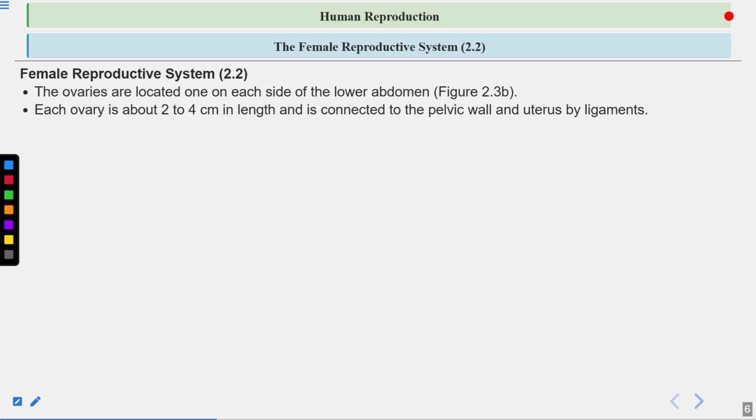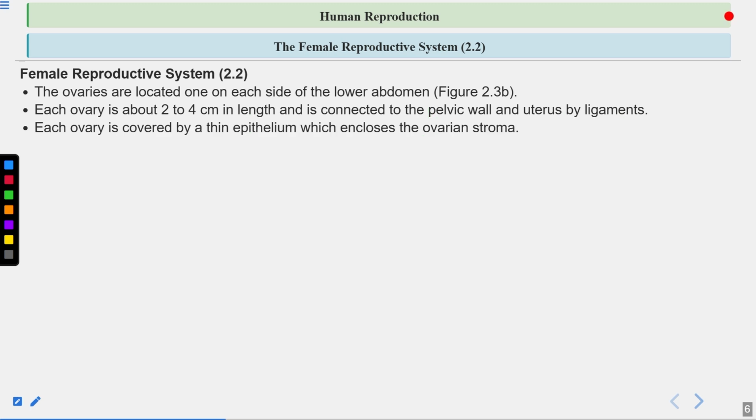The ovary is about 2 to 4 centimeters in length and is connected to the pelvic wall and uterus by the ligaments. So how are the ovaries connected to the pelvic wall and uterus? It is connected by the ligaments. These ligaments help the ovaries to stay in a particular place.